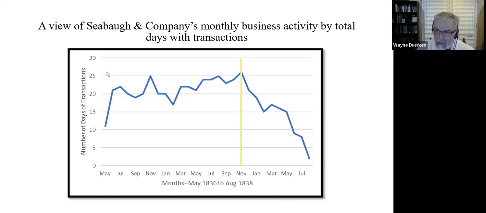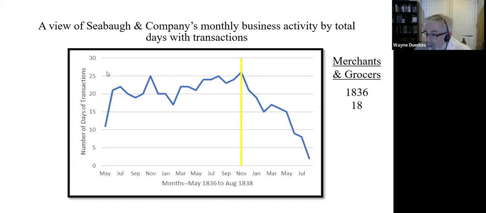Well, nothing specific happened in November at Seabaugh and Company that I could find. But what I think adds to this, so like in May of 1836, there were 18 merchants registered in the county. By May of 1837, there were 32. And shortly after his downfall slide here, 1838 May, there were 45 registered merchants.